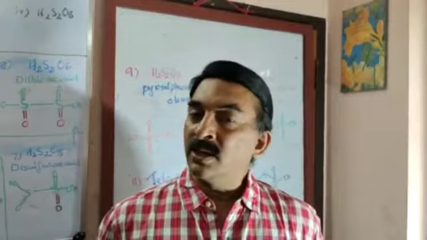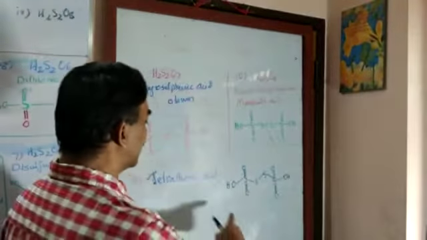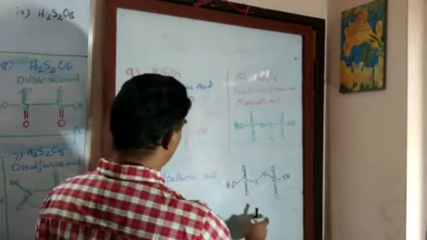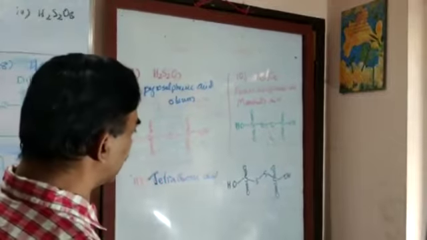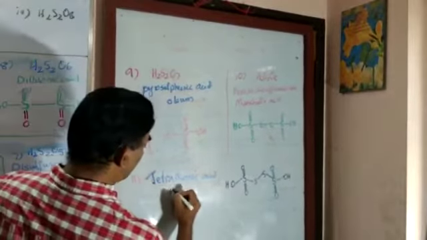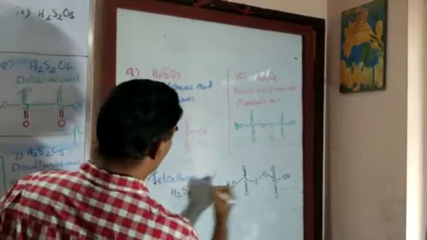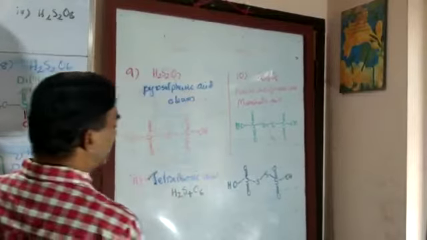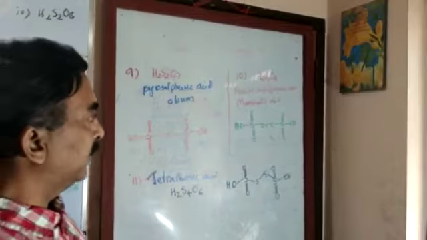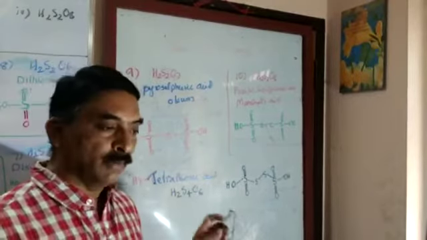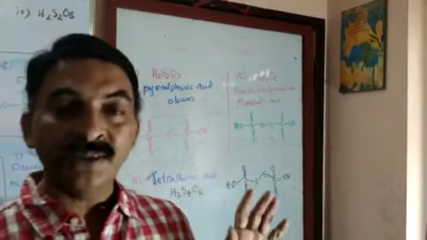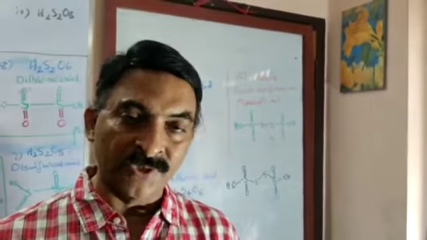That sodium tetrathionate is the salt of this acid, H2S4O6, tetrathionic acid. Okay, so we can remember this much of the oxyacids of sulfur.